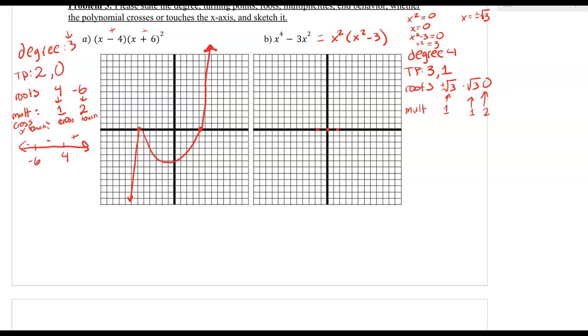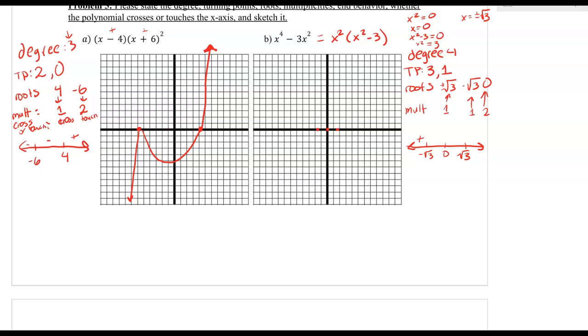Alright. End behavior, what the graph is literally doing at the ends of my graph. So I've got negative square root of 3, I've got 0, I've got positive square root of 3. If I plug in anything before negative square root of 3, it should be positive.